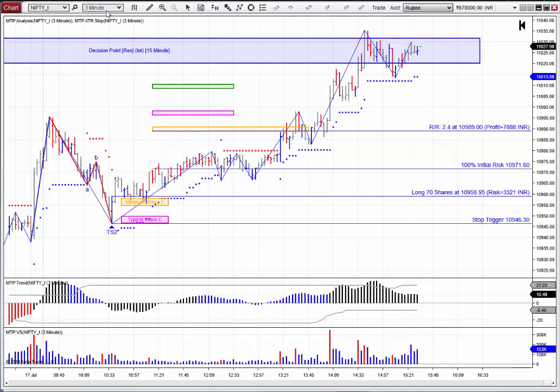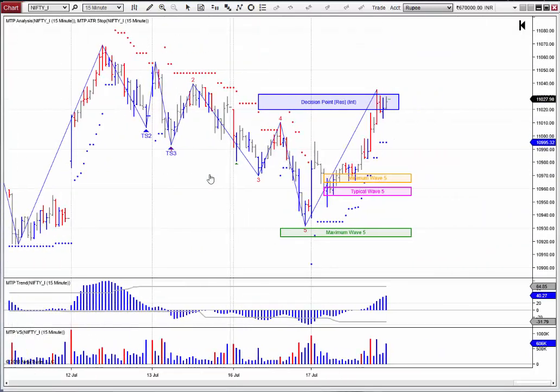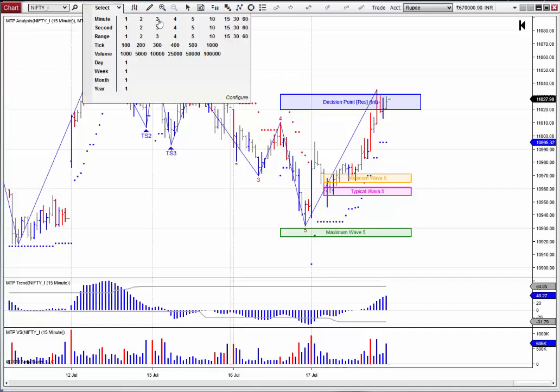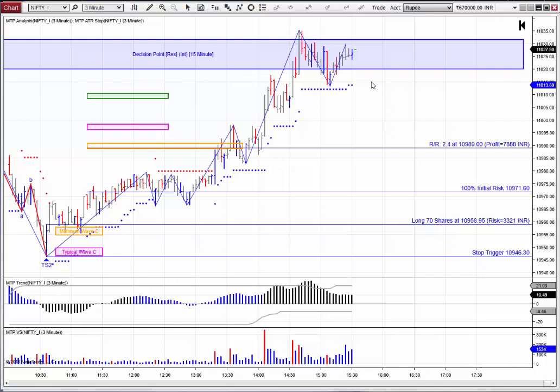In this case, we're looking for the analysis on your higher time frame chart to give you your larger support and resistance areas, in this case our DP of our prior wave 4, because this was a completed 5-wave sequence. So this gave you the higher time frame DP target, and then you use that on your shorter time frame chart for a potential target for your trade.